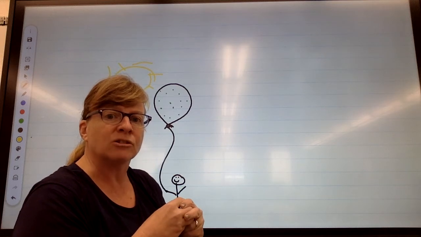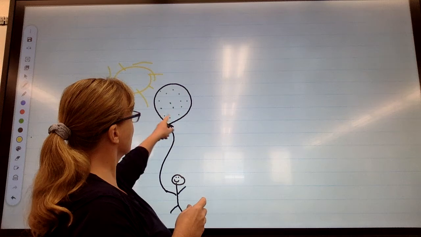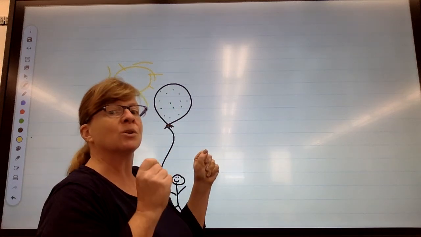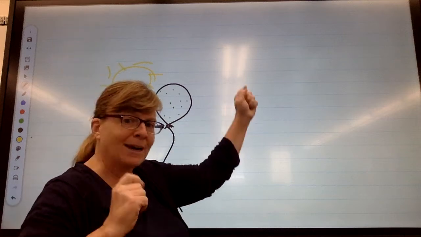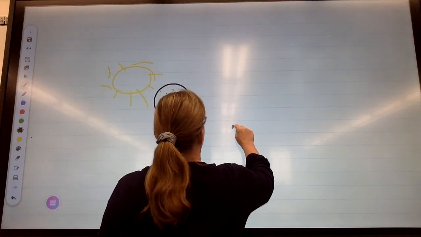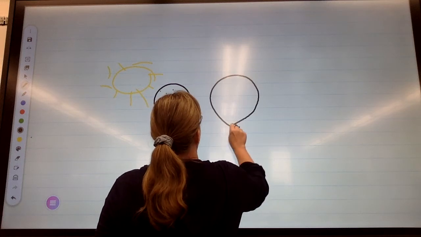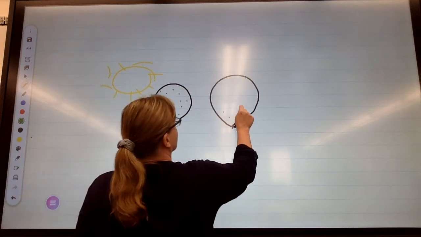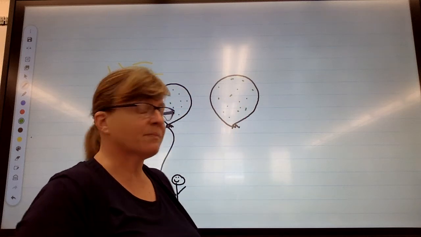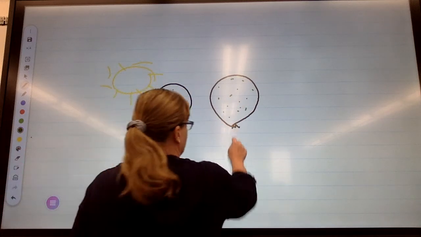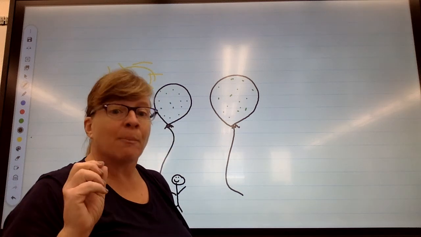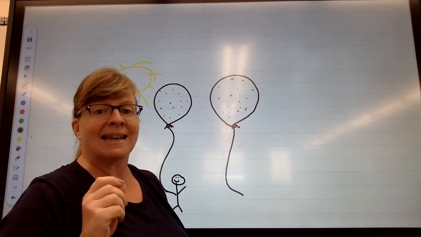If the particles start moving more rapidly, they're going to start spreading out, and they can actually make the balloon get a little larger. Same number of particles in the balloon, but now it's a little less dense, and the particles are moving more quickly because of that added heat.